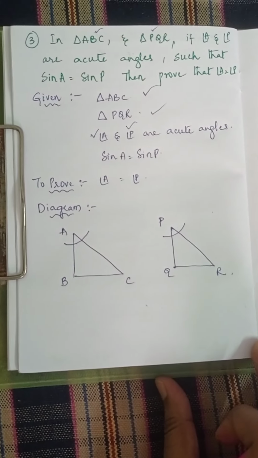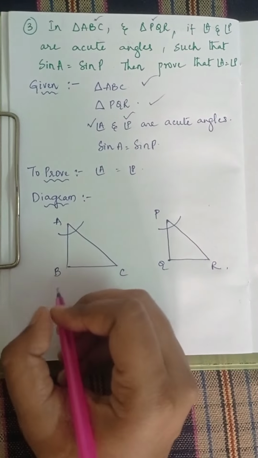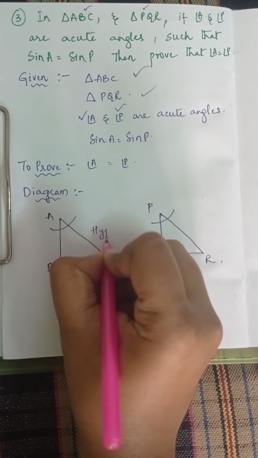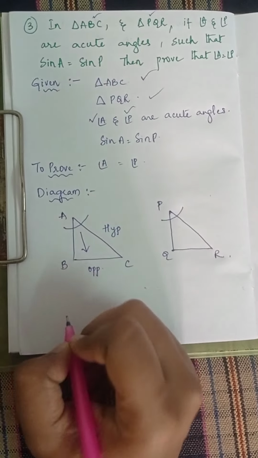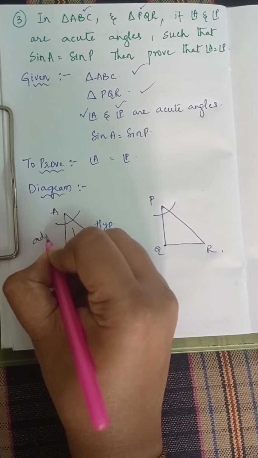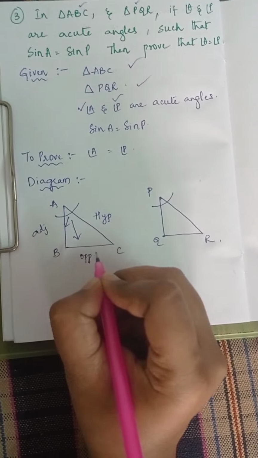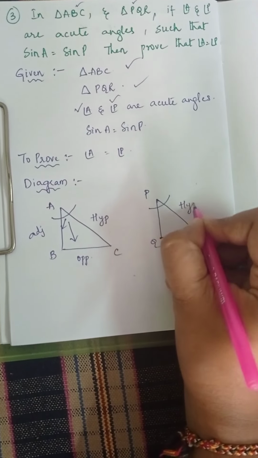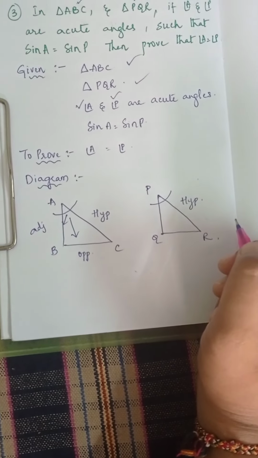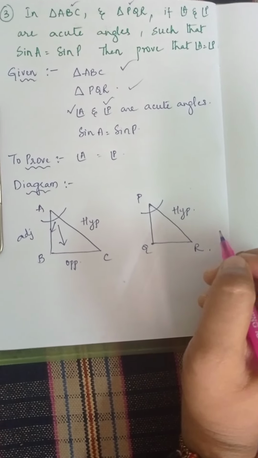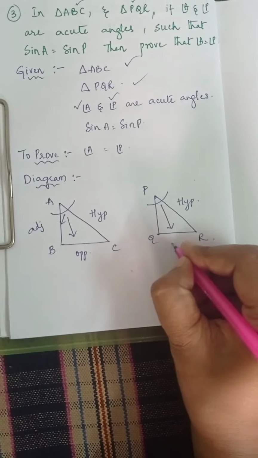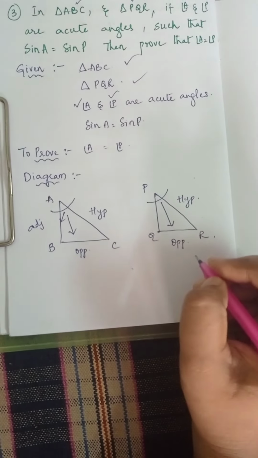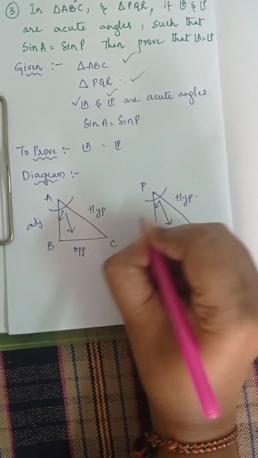So we are taking the angle there. Now it's a hypotenuse. For angle A it is an opposite side and it is an adjacent side of angle A, and it is a hypotenuse side, and for angle P it is an opposite side and it is an adjacent side.